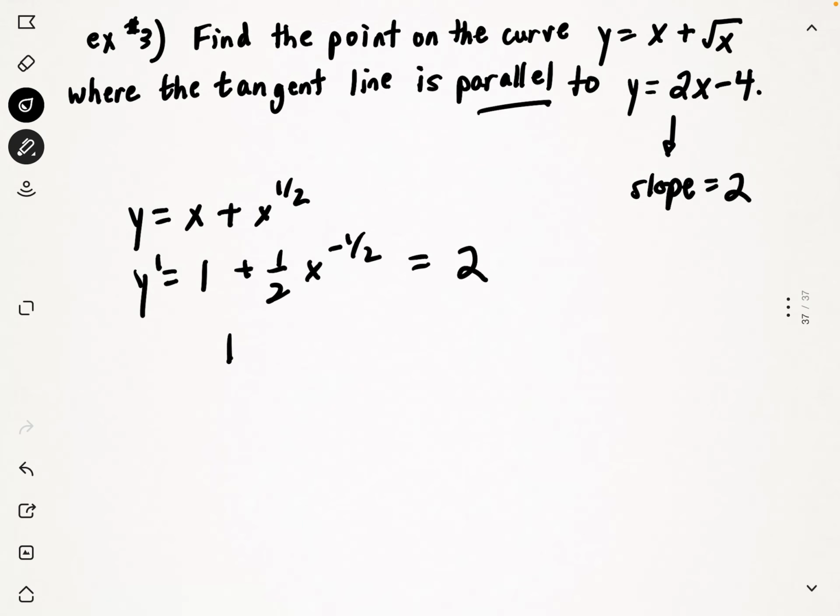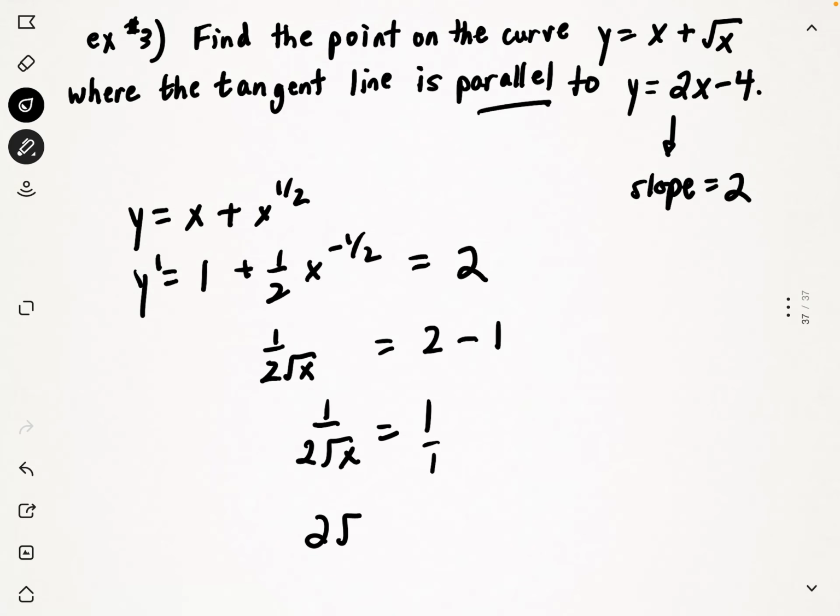So how are we going to do that? Well, we can bring the x's to one side. This is really 1 over 2 root x if I bring it down on bottom, and then bring the 1 over. So we get 1 over 2 root x is equal to 1, or 1 over 1. We can cross multiply, so we get root x is equal to 1 over 2.